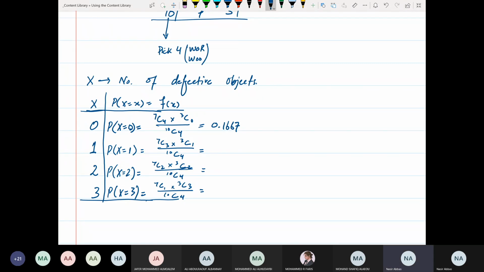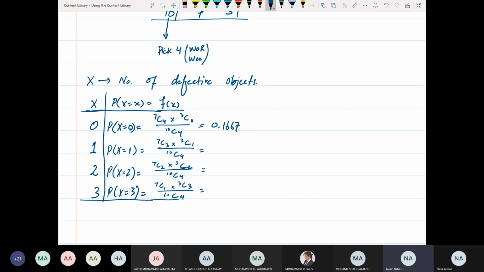So we have 7 combination 4 multiplied by 3 combination 0, all divided by 10 combination 4.